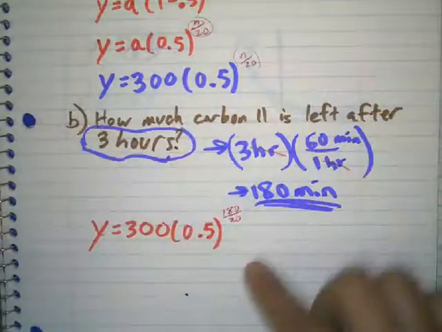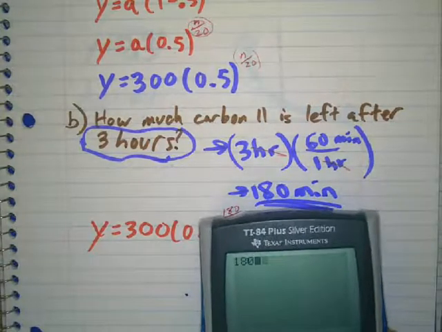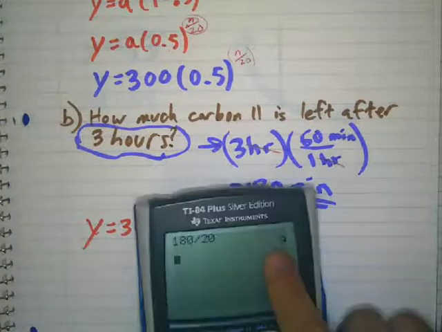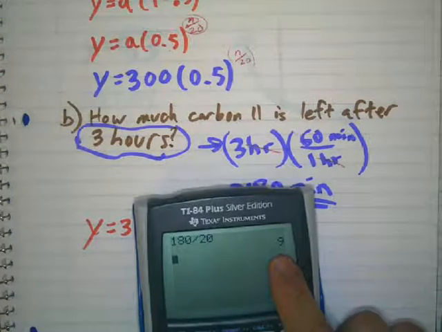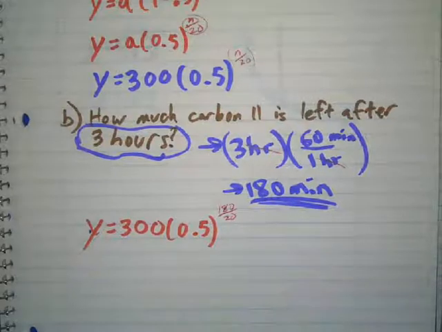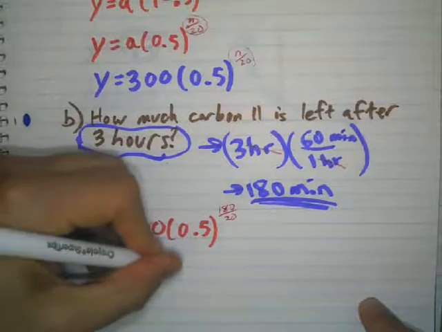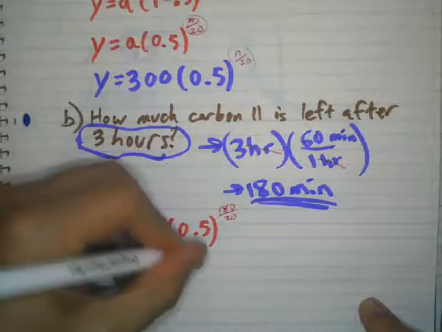Now 180 over 20 is going to give me 9. So my power is to the 9th power. So we've got y equals 300 times 0.5 to the power of 9.